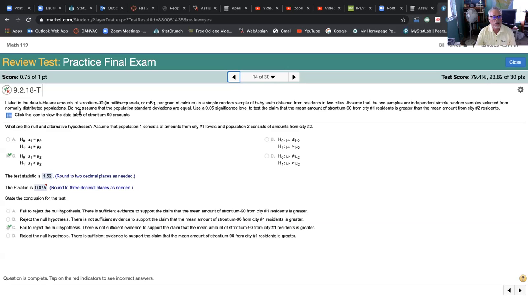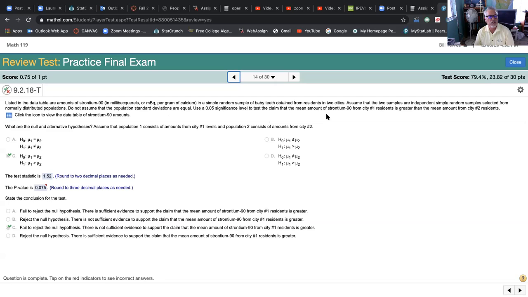These are amounts of strontium 90 in millibecquerels, or MBQ, per gram of calcium in a simple random sample of baby teeth obtained from residents in 2 cities. Assume that the 2 samples are independent random samples selected from normally distributed populations.